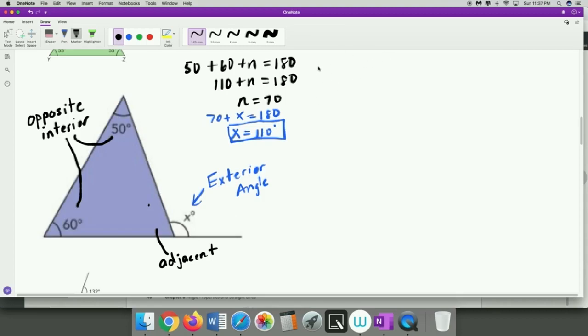So every exterior angle is equal to the sum of its opposite interior angles.